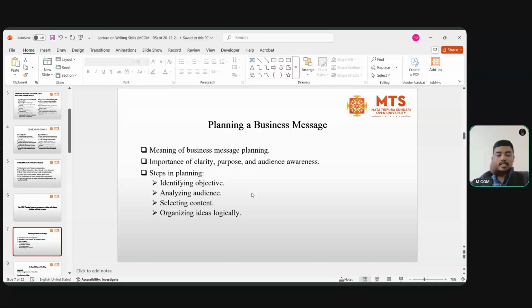So planning is the first and most important step in writing. Good writing always starts with good planning.